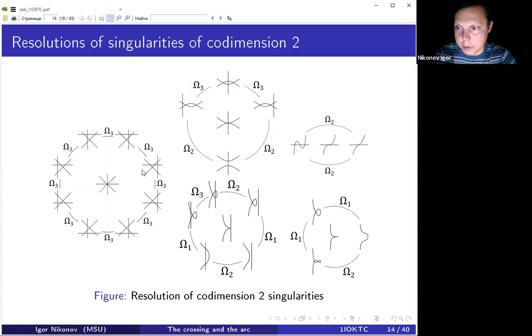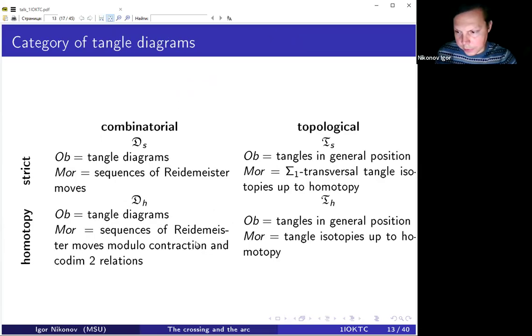Other points, for example this triple tangency point, also give some cycles which are identified with identity morphisms. So we defined these categories.